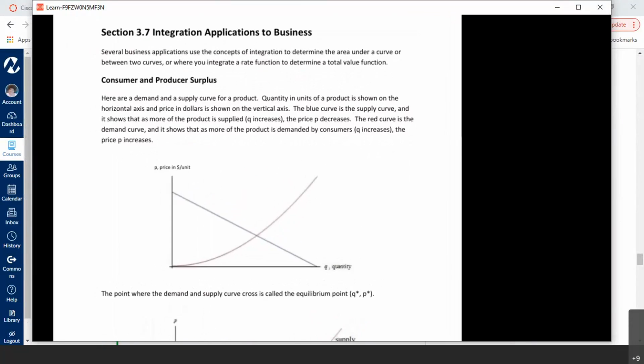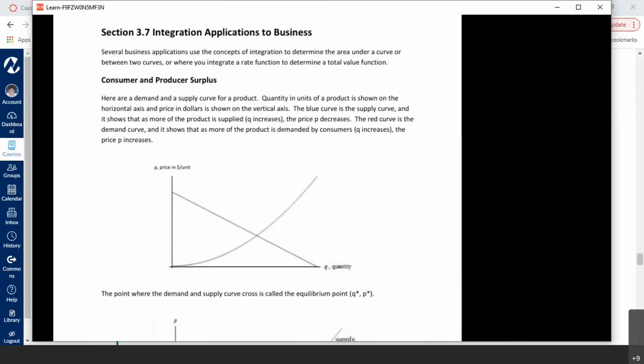So what we're going to be talking about are specific applications where we're going to deal with area under a curve or the area between curves, or where you're going to integrate a rate function to determine a total value function. Okay, again, remember, integration is like the inverse of differentiation.